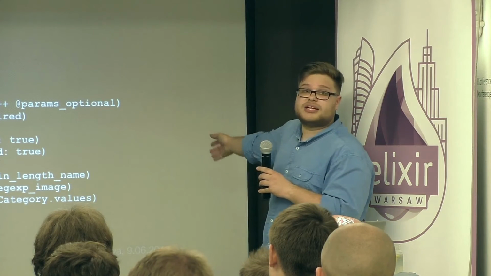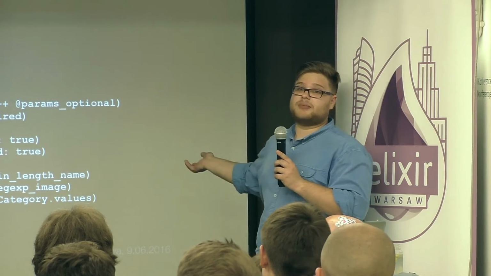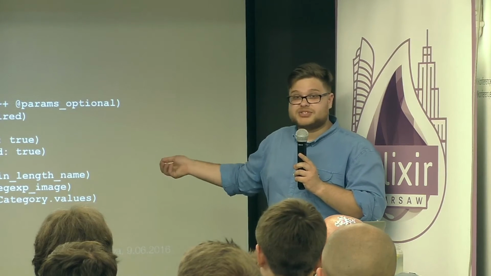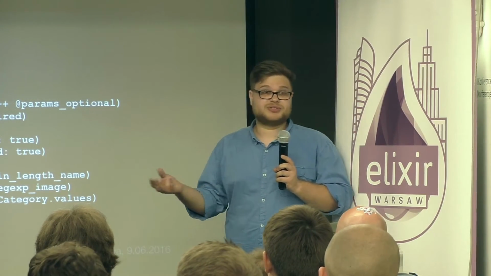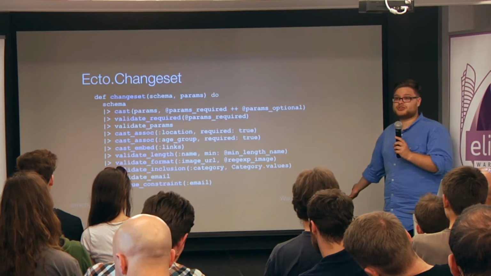Later we also handle associations. So this, for the people coming from Rails, is something similar to accepts nested attributes for, but it does not save anything because there is no repo involved, so it can't do that because it doesn't know where to send the data.